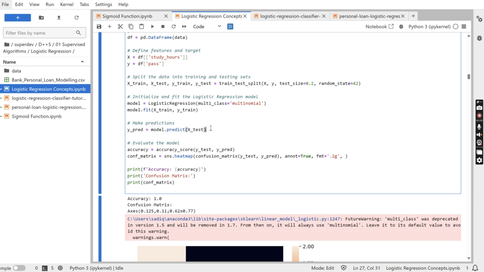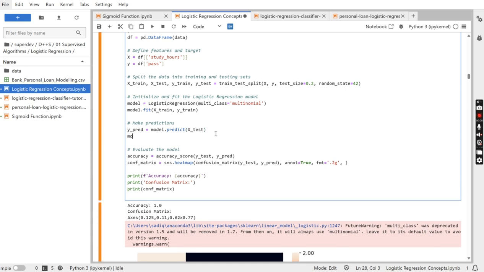You also have a method called pred underscore proba. Pred underscore proba will give you the probability. Predict will give you the classes, which class they belong to. Predict proba will give you the actual probability on the basis of which the decision was being made.